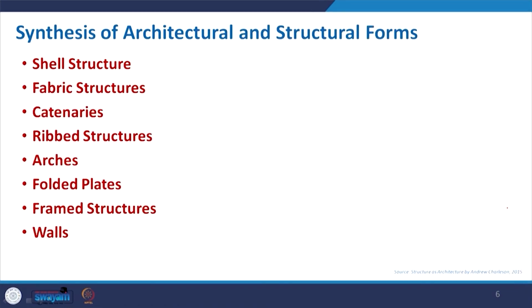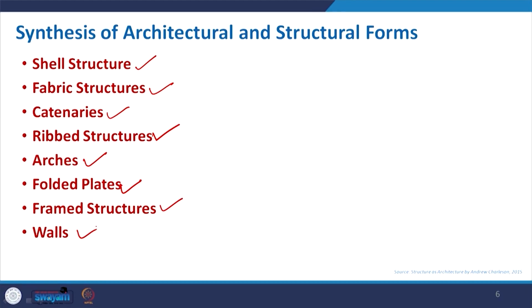Here we have listed eight such structural and architectural form syntheses, and we will see some examples, some photographs from different parts of the world, especially modern architecture. One is the shell structure, second is fabric structure, catenaries is one of them, then you have rib structure, then arches, folded plate, frame structure, and walls.